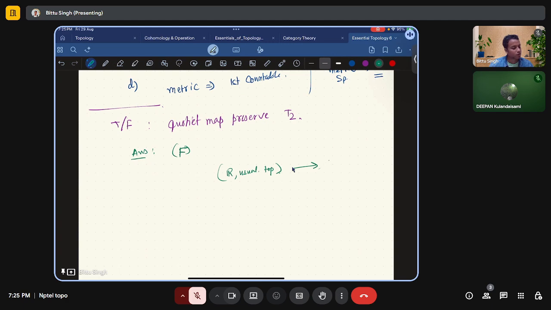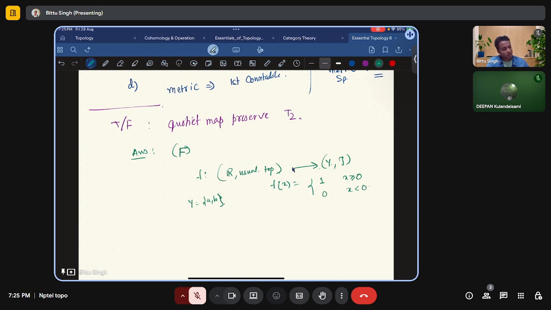And consider the space Y with tau, where Y equals {a, b}, and define the map f as f of x equal to 1 if x is greater or equal to 0, and 0 if x is less than 0.